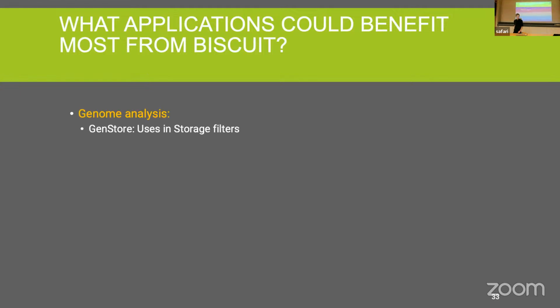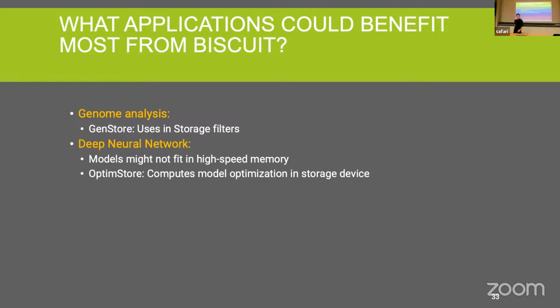There are probably countless, like any data intensive application. One specific example is genome analysis. I think I also had a lecture on this. We have to match sequences of genes. If you're interested, you can look at GenStore, which is a system that uses in-storage filters. Another one could be, like you said, machine learning, deep neural networks. The models might not fit in high-speed memory or main memory.